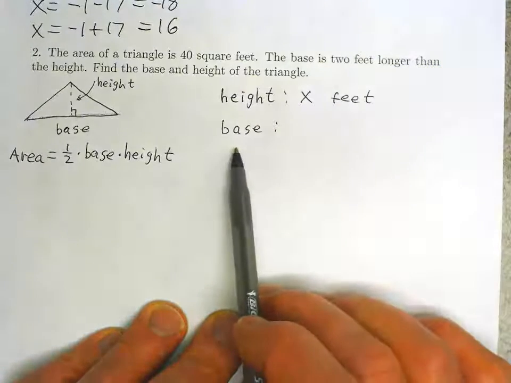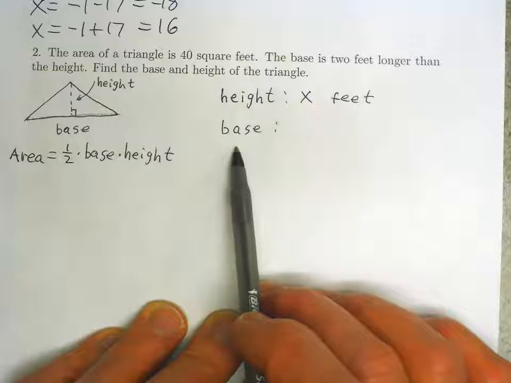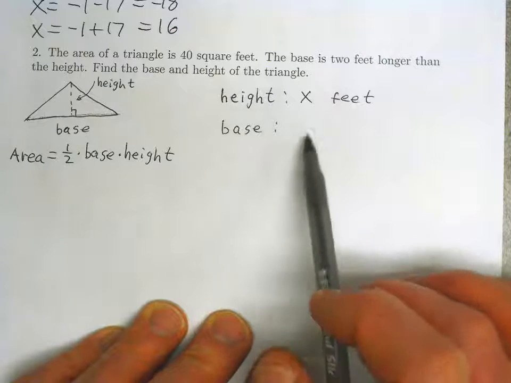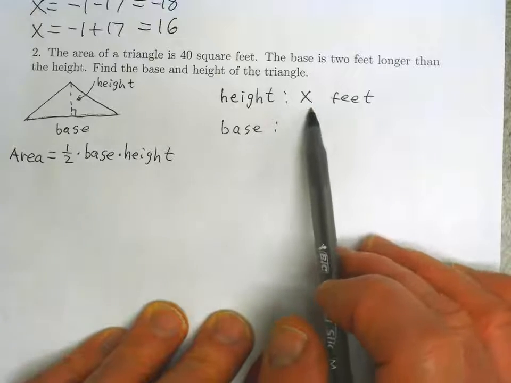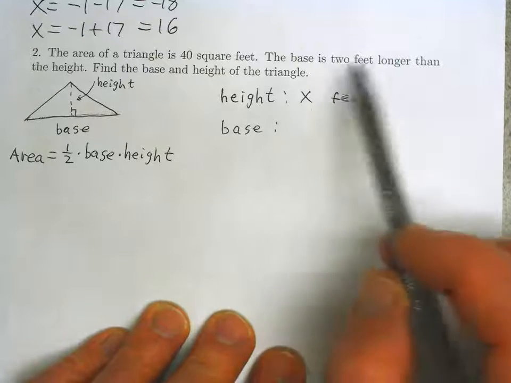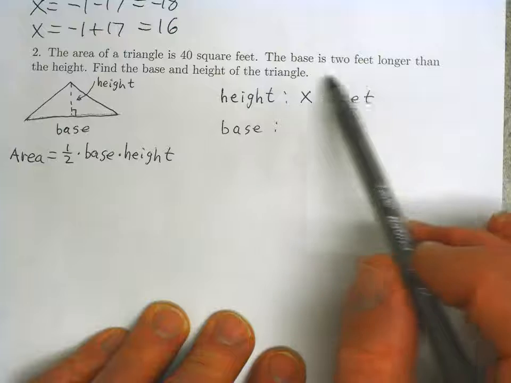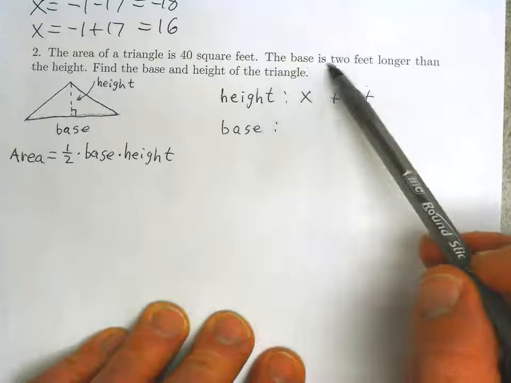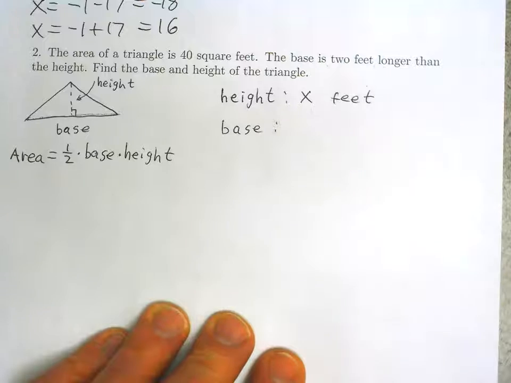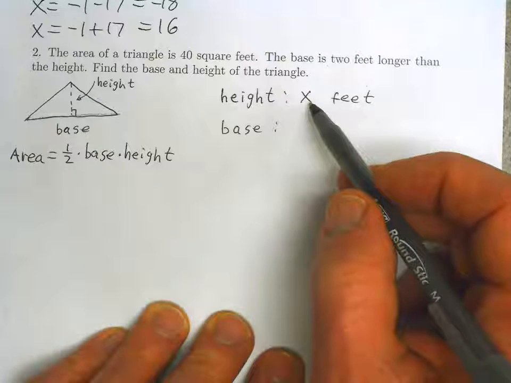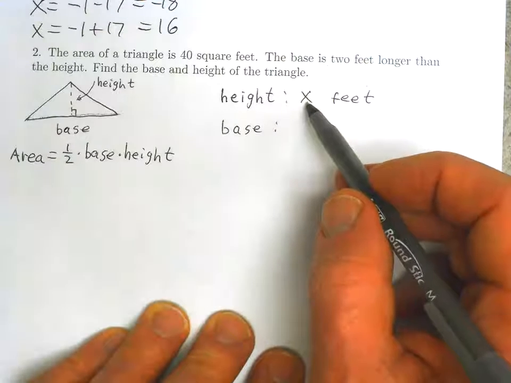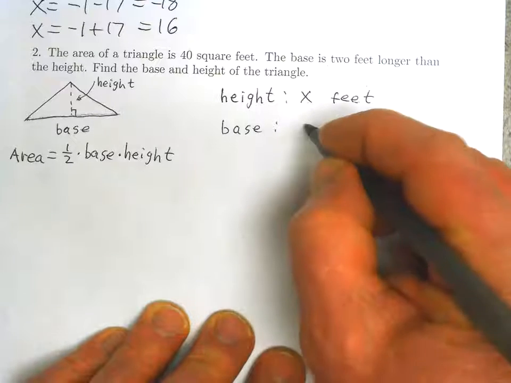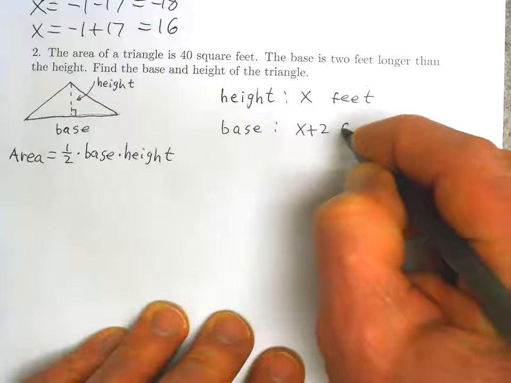This seems a little bit easier to me because the base is described in terms of the height. So if I pick a single variable for the height, then I'll just use the other information to find an expression for the base. The base is 2 feet longer than the height. Since the height is x feet, 2 feet longer than x is x plus 2 feet.